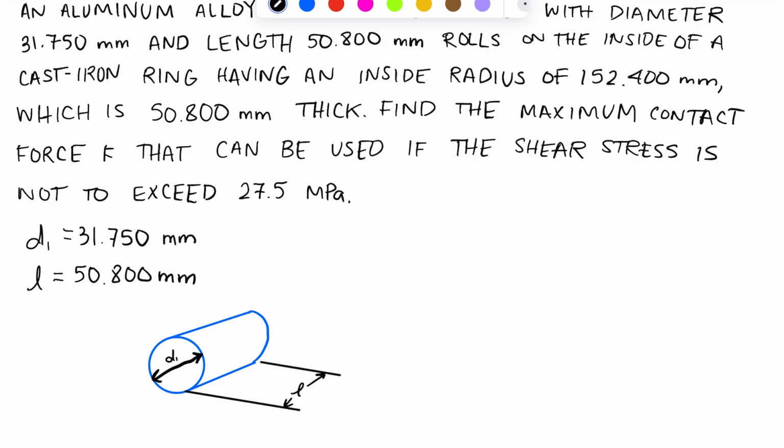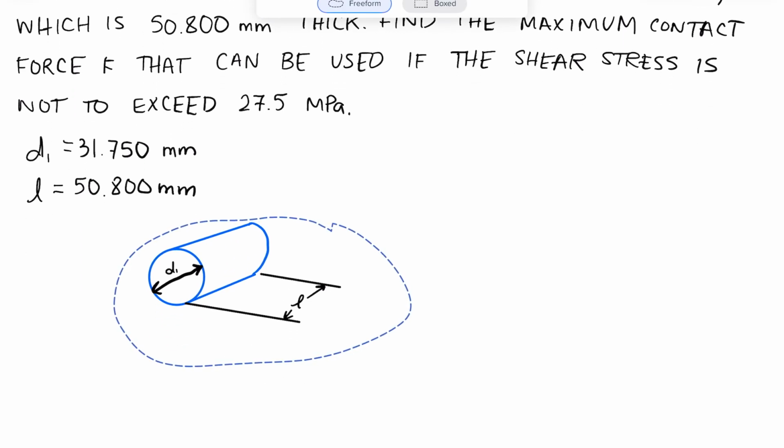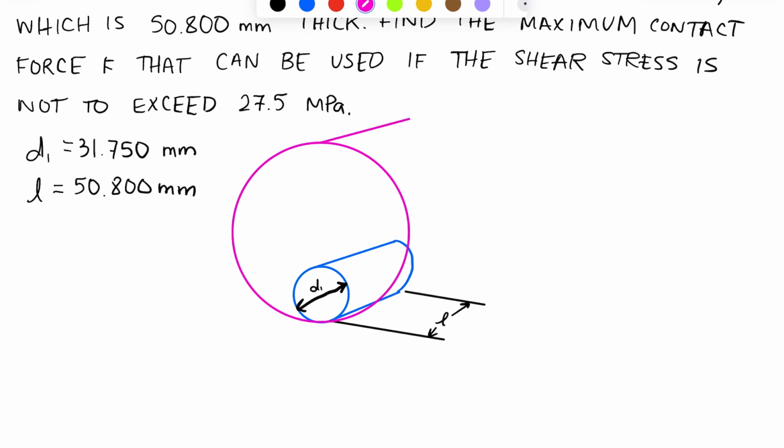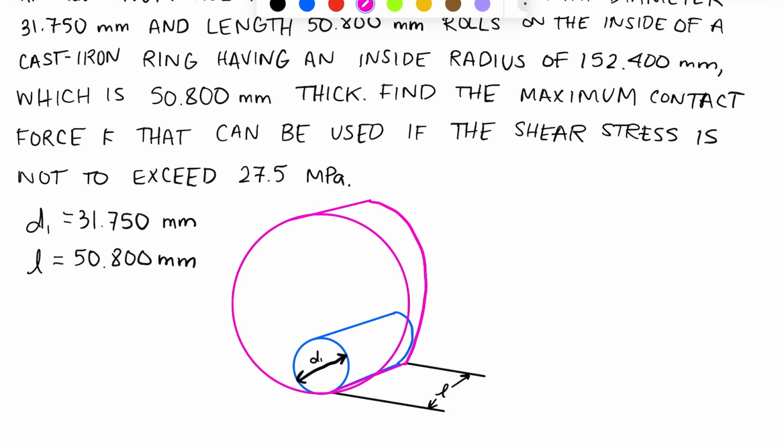And this rolls inside of a cast iron ring. So let's move this over. I'll draw the cast iron in pink. There we go. And the cast iron ring has the same length as the roller, or same thickness. And let's see, what else do we have for this?